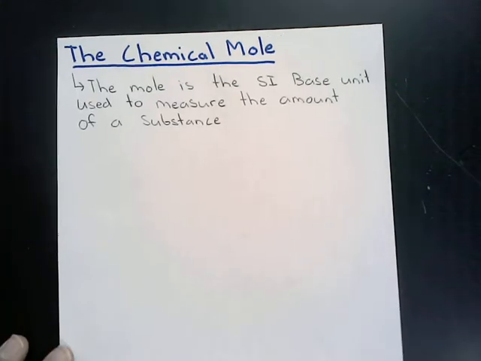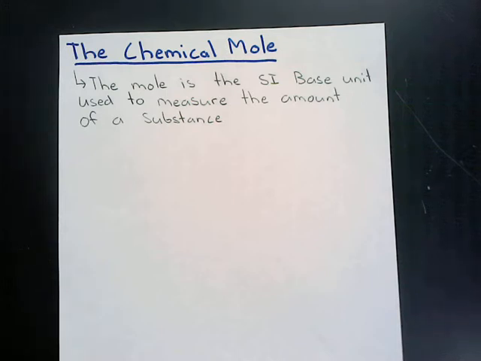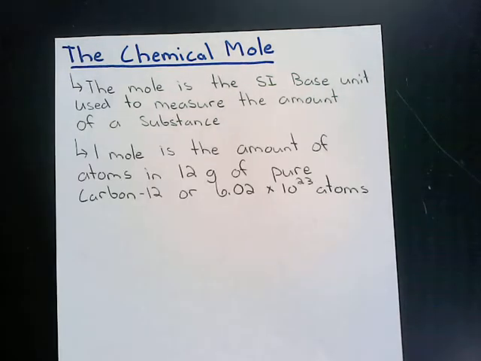Specifically, 1 mole is the amount of atoms in 12 grams of pure carbon 12, or it's equivalent to 6.02 times 10 to the 23rd atoms of that carbon 12 isotope. Again, 1 mole is equivalent to 6.02 times 10 to the 23rd particles.